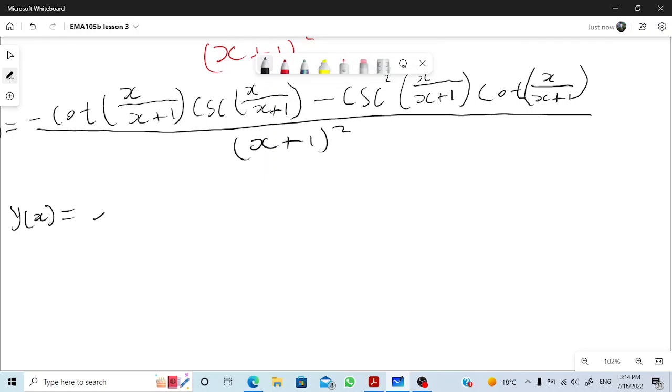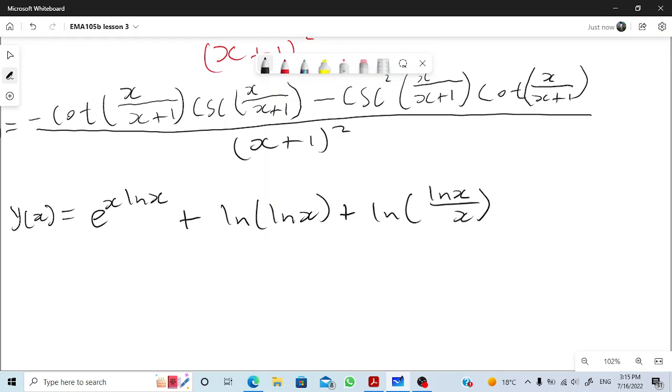equals e exponent x ln x, plus ln into the ln of x, plus ln into ln of x over x, plus, this is a very long question now, the ln of ln of x.